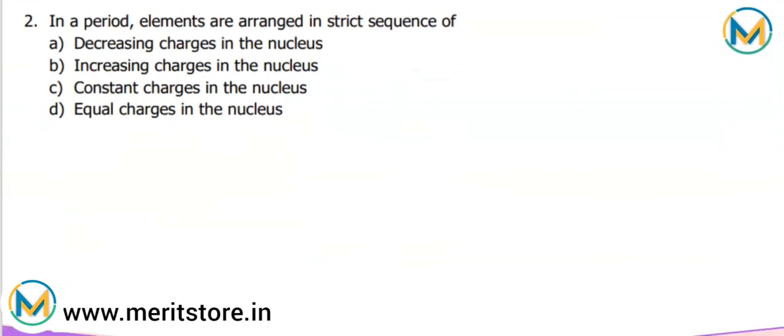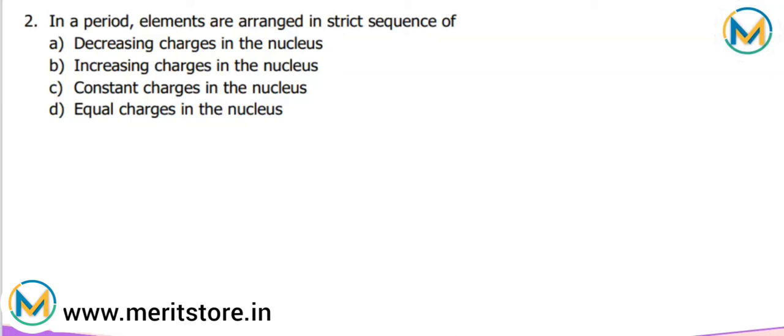In a period, elements are arranged in strict sequence of. So in a period, atomic number increases with increase in number of protons and electrons. Thus, elements are arranged with increasing charges in the nucleus.